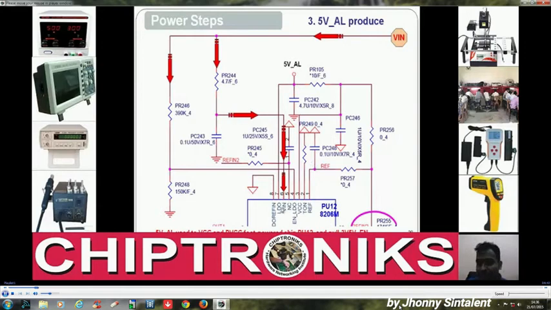You can check V-in, and I will also look at the datasheet, but here in the starting I'll just go over the entire steps, and then we will discuss each of the steps.